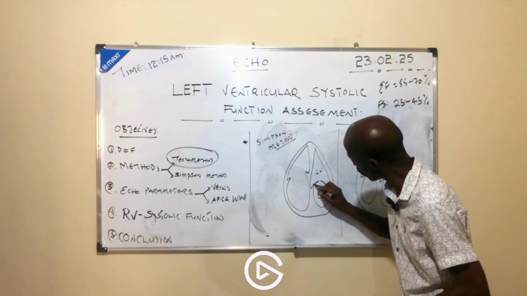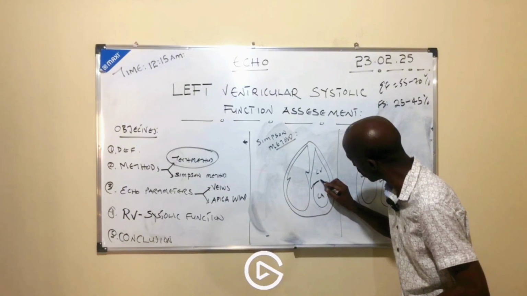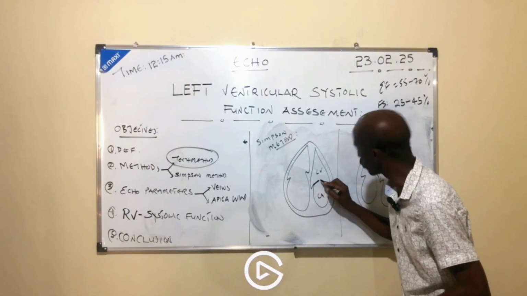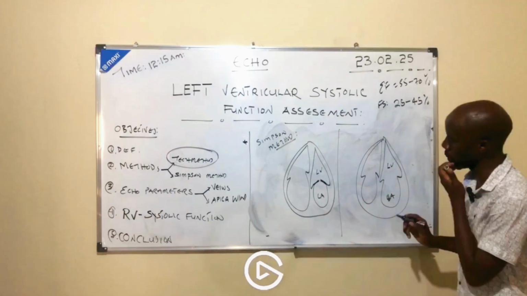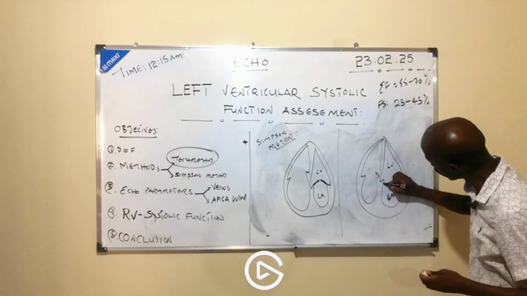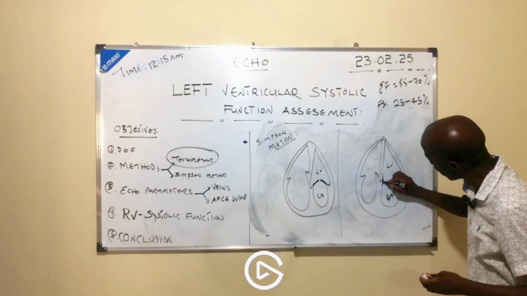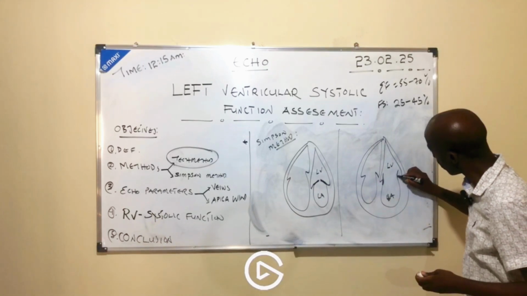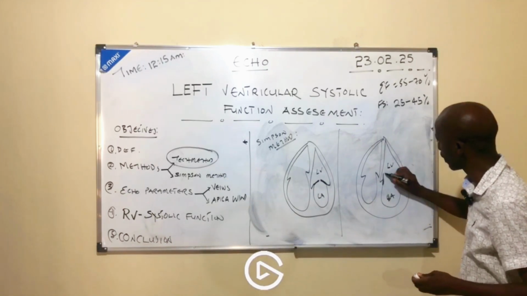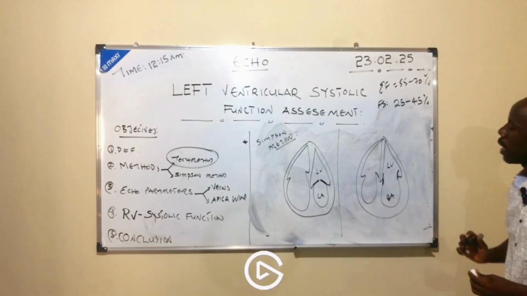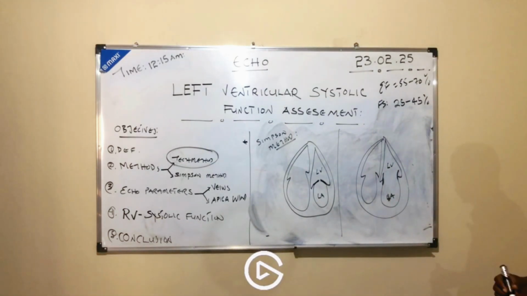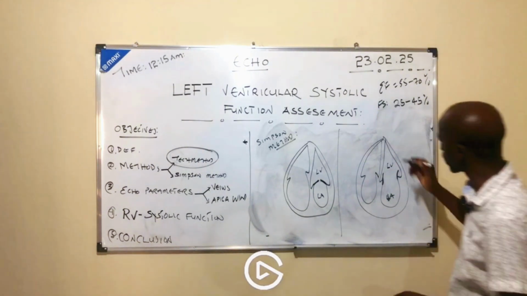This is during systole, they are closed. Make sure they are closed. You open, you close your frames, and then make sure in the other chamber the mitral valves are open. This is the first consideration you must take note of. Take note, one, you take it in diastole.